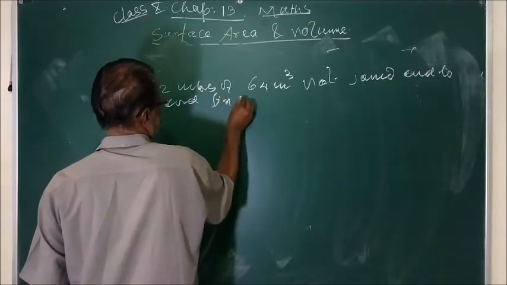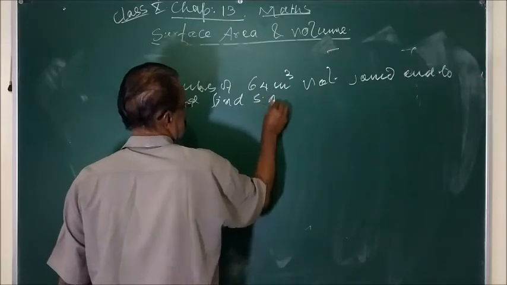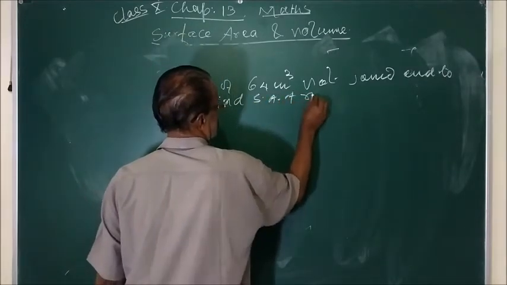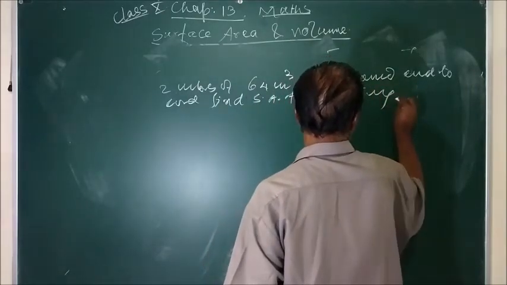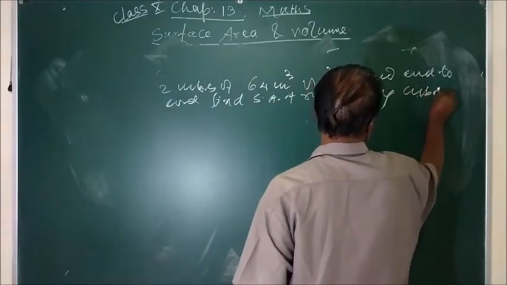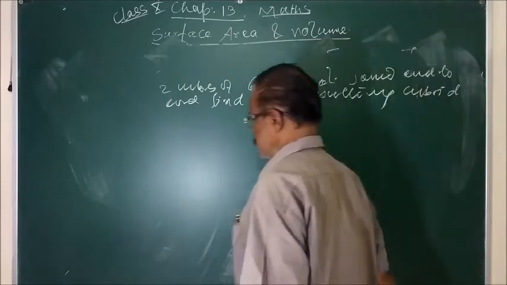Find the surface area of the resulting cuboid. I have already told you, when 2 cubes are joined, the solid formed is a cuboid.